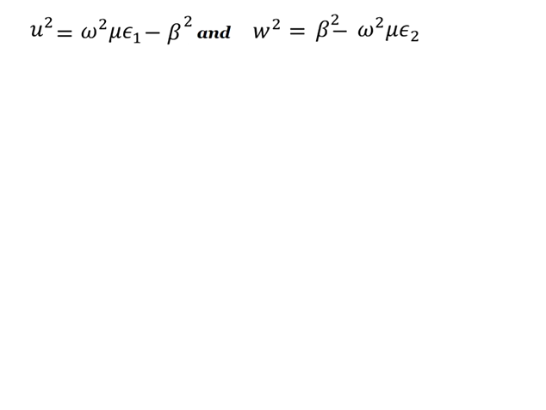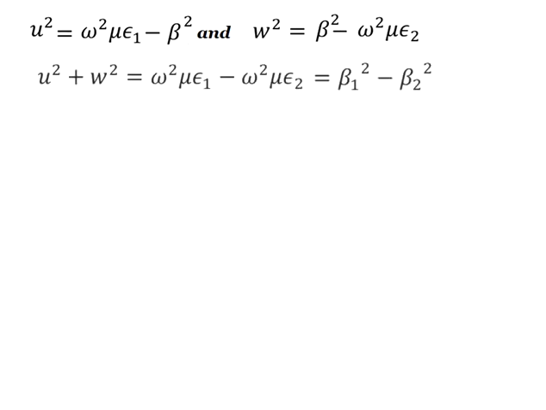Now let us define two variables. One is u square and one is w square, where u square is omega square mu epsilon 1 minus beta square and w square is beta square minus omega square mu epsilon 2. If we add these two together and simplify, I will get beta 1 square minus beta 2 square.